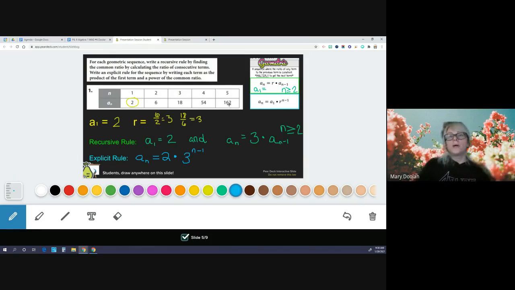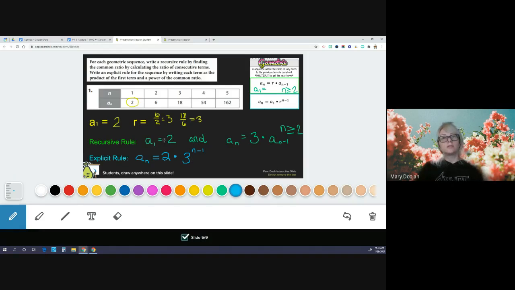If I asked you, what is the sixth term in the sequence? You could just look at the fifth term, take this 162 and multiply by 3, or you can use one of these formulas. So a sub 6 would be 2 times 3 to the power of 6 minus 1, so 3 to the 5th power times 2. That would give me the same answer.